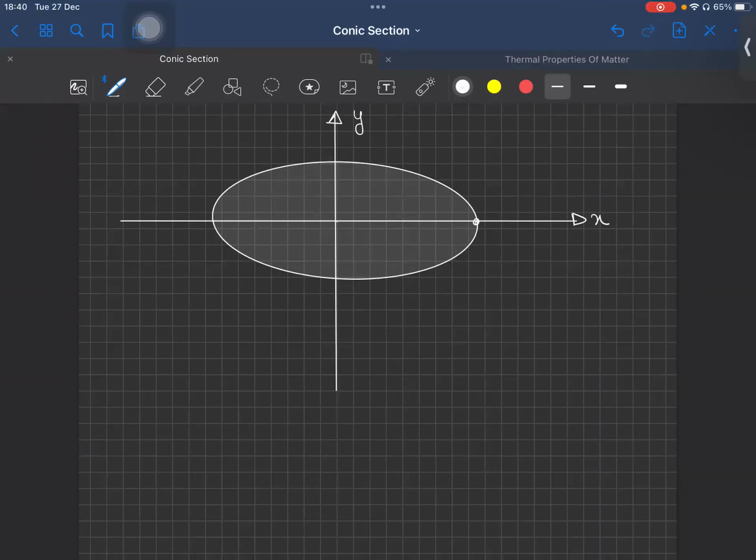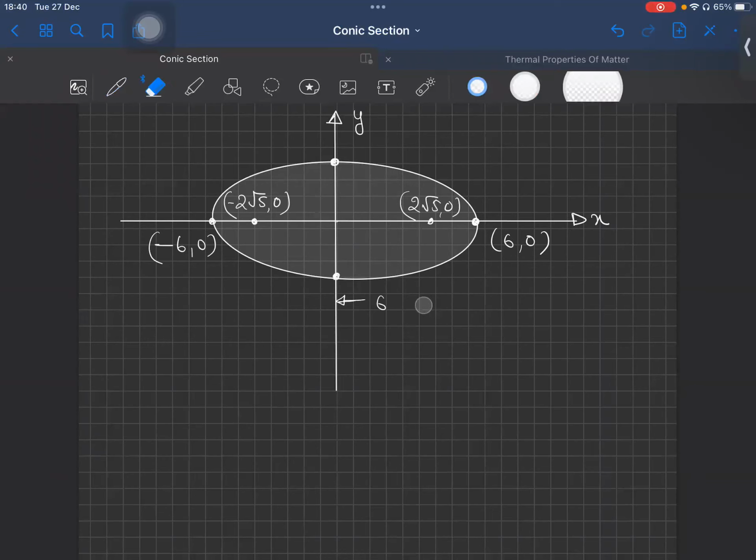Now this point is 6, 0. This point is minus 6, 0. The focus is minus 2 root 5 comma 0, one focus, and another focus is 2 root 5 comma 0. Right? This length is of course 6.